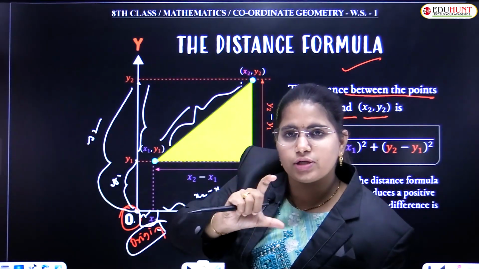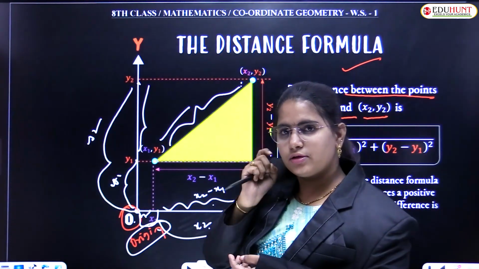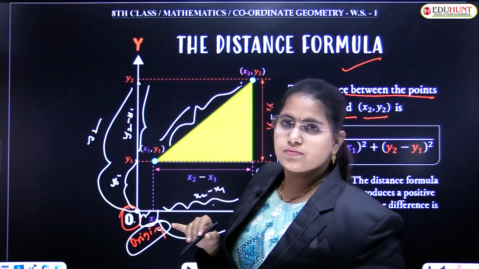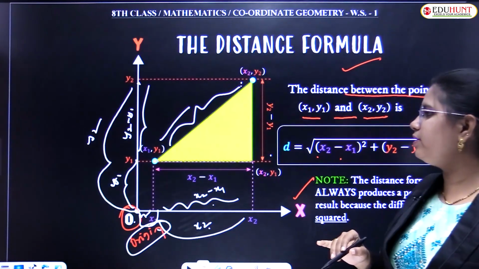From the total you need to deduct this y1. So what does that become? y2 minus y1. Understood? y2 minus y1.